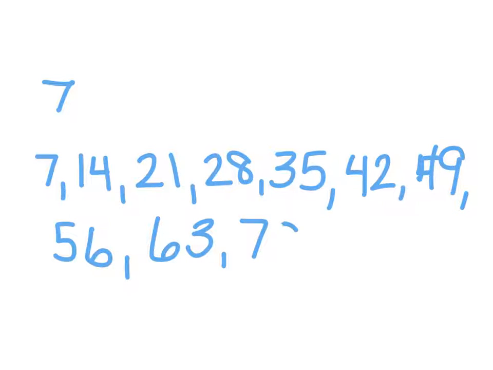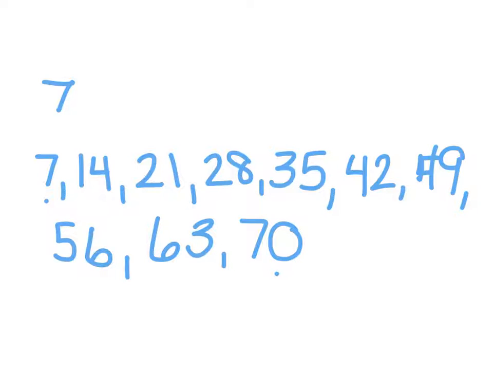And 7 times 10 is 70. You may have continued on to 11, 12, 13. That is fine. But these are the multiples of 7, from 7 to 70.